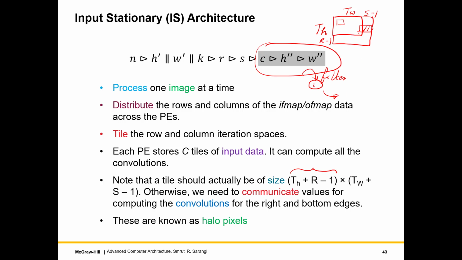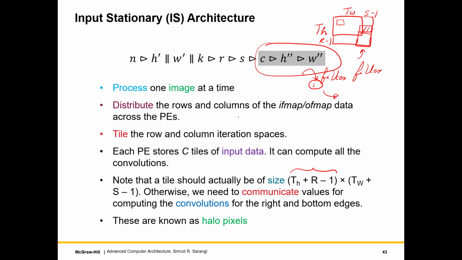This is needed such that in the worst case, when your filter is over here, all the pixels underneath it are there in the cache. Otherwise there would be a need to communicate values across processing elements, these PEs, and that's hard. So we don't want to do that.